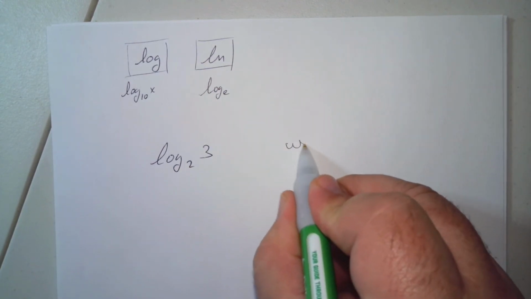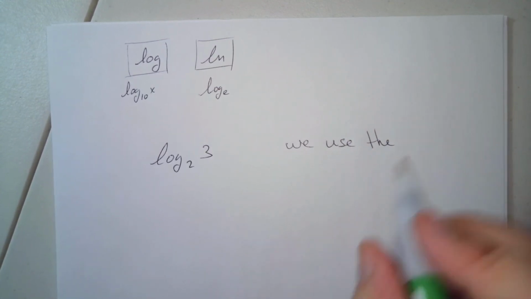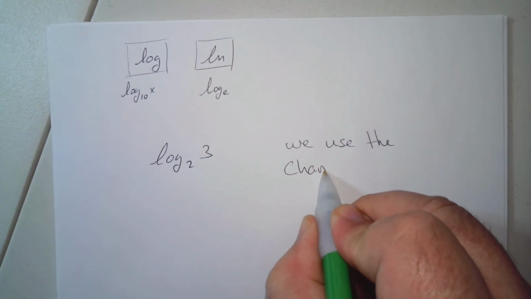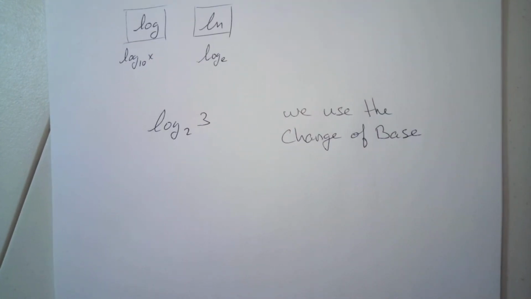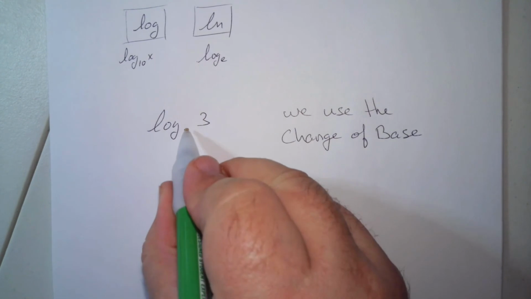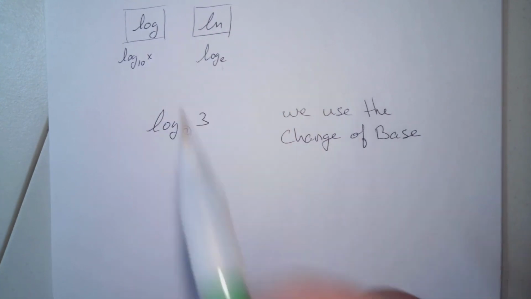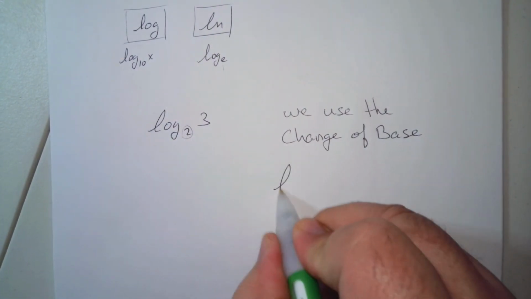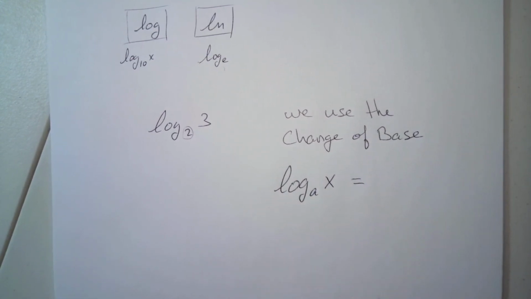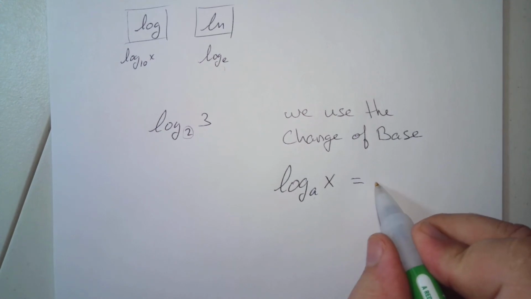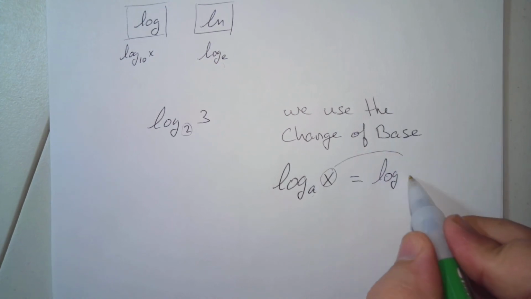So what we need to use is the change of base formula. We have to change it from base 2 to either one of these guys. The way you do that is this way. Here's a formula for it. ln, whatever a is, and whatever's on top goes on the first one.